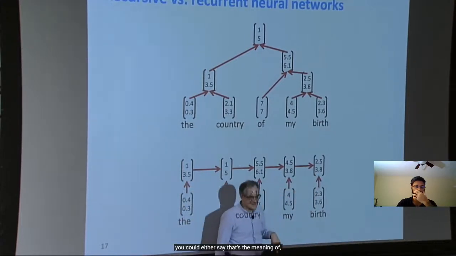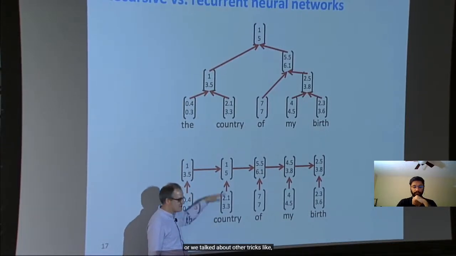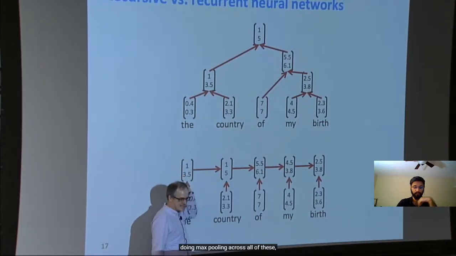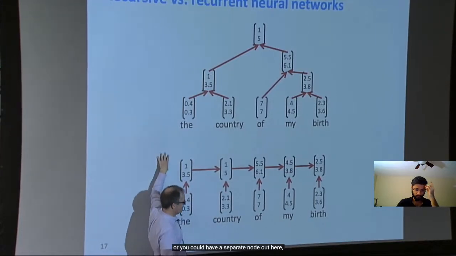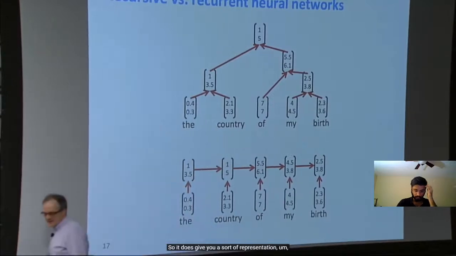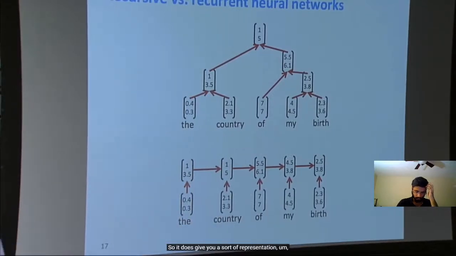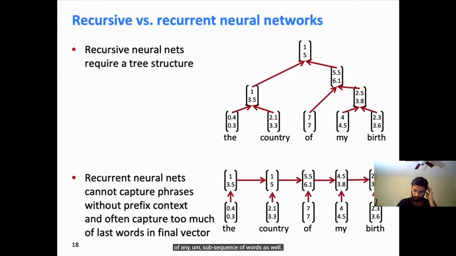You could either say that's the meaning of the country of my birth, or we talked about other tricks like doing max pooling across all of these, or you could have a separate node out here which does attention over these. So it does give you a representation of the meaning of any subsequence of words as well.